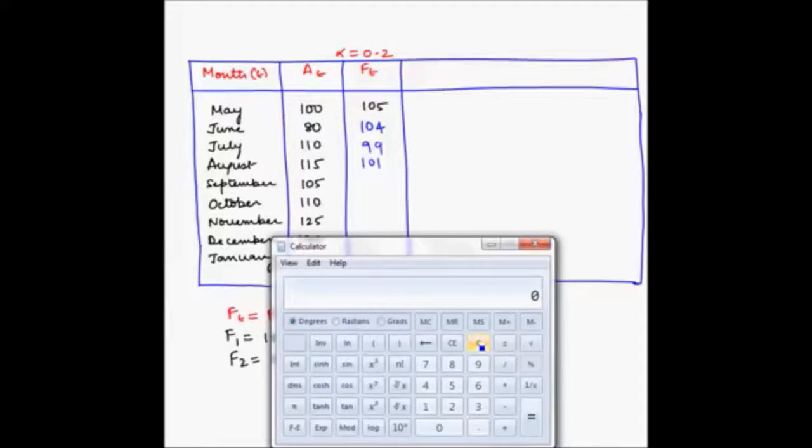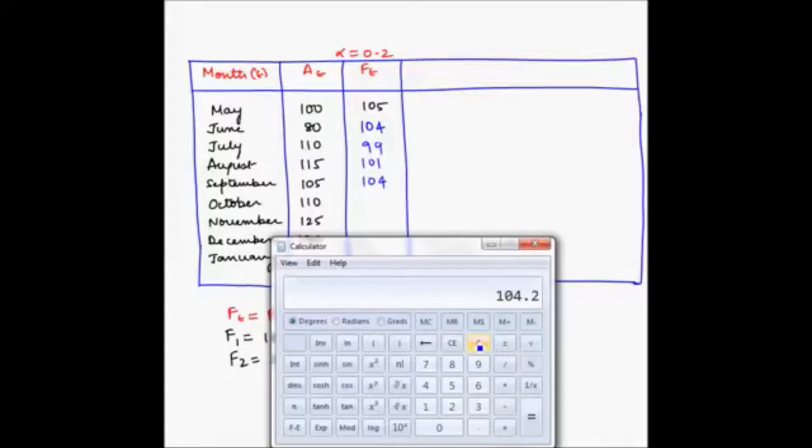Now forecast for September. So 115 minus 101 multiplied by 0.2 plus 101. So 103.8, and let's round it off to the next number, which is 104. Next, 105 minus 104 multiplied by 0.2 plus 104.